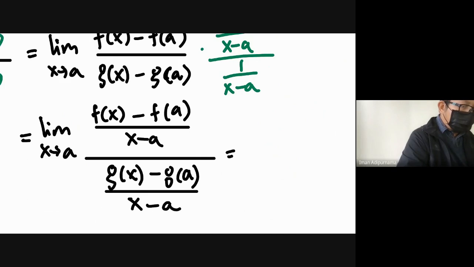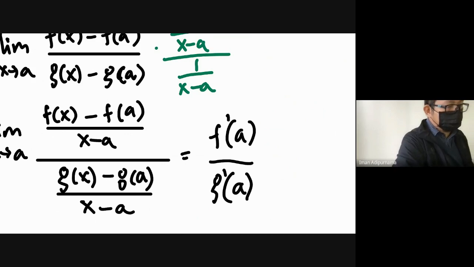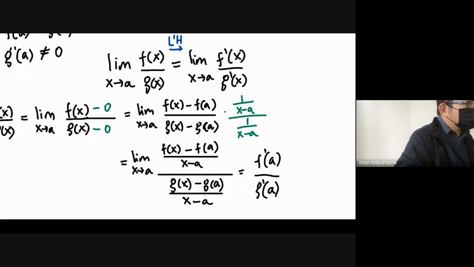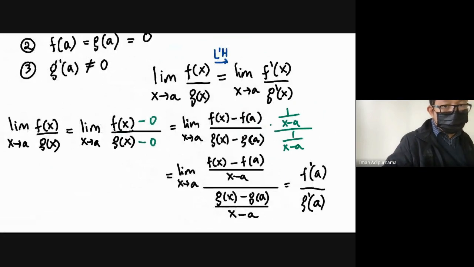So we can say that this is actually f prime a divided by g prime a. This is not really a full proof of the L'Hopital rule, but I think it's still useful if you want to imagine the L'Hopital rule.